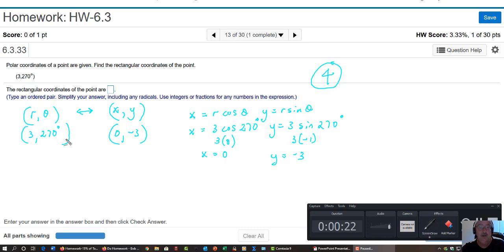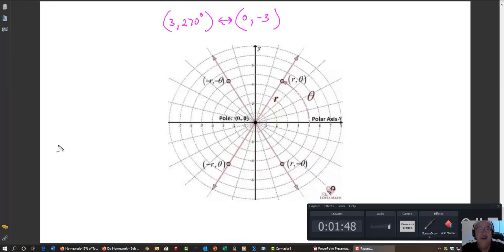I also wanted to show you the graphic interpretation of this. We just found that polar point 3, 270, if we graphed it, we would start on the positive x-axis, go counterclockwise to 270, and from the pole, we would go 3 in that direction, positive 3.